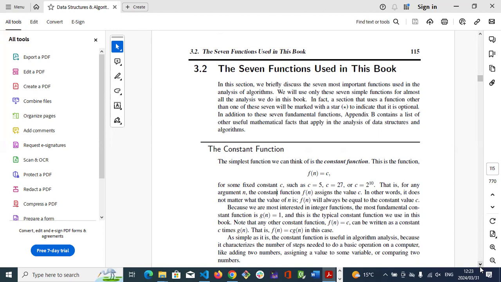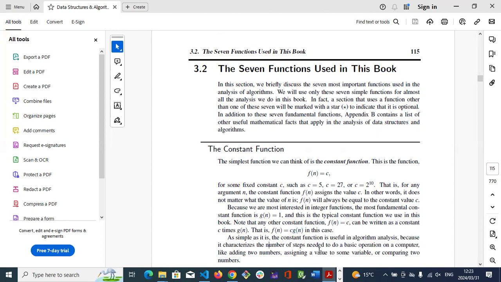Note that any other constant function f of n equals c can be written as a constant c times g of n. That is, f of n is the same as c times g of n.